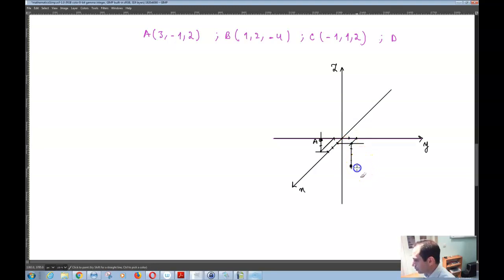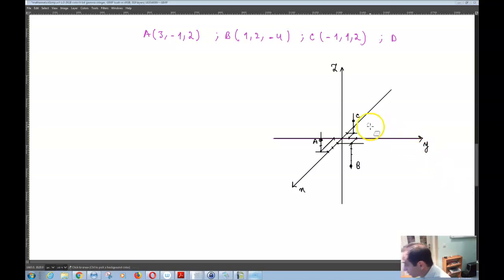Point C would be at -1, 1, 2, somewhere over here.